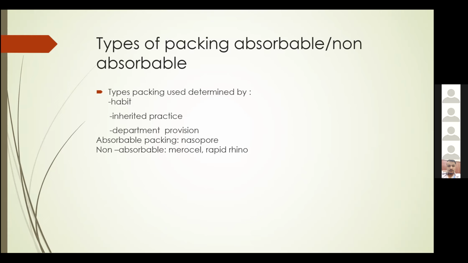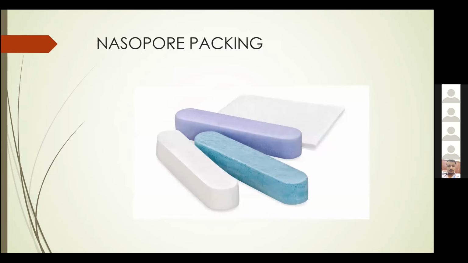So don't stress about it. But you should not get to the point where you cannot get packing material, because that's really a question of patient safety being compromised. Now, like I said, the non-absorbable packs are Merocel and Rapid Rhino, and the absorbable pack is nasal pore.